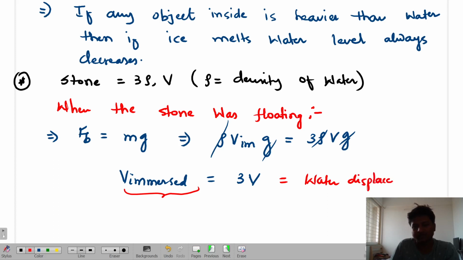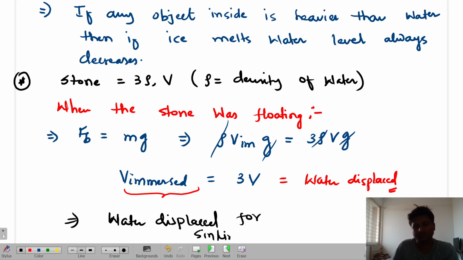But when it starts to get drowned, what happened? The water displaced for sinking a stone is how much? It is just equal to the volume of the stone, or not.